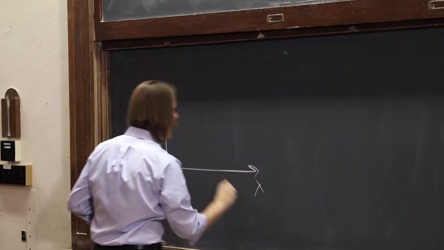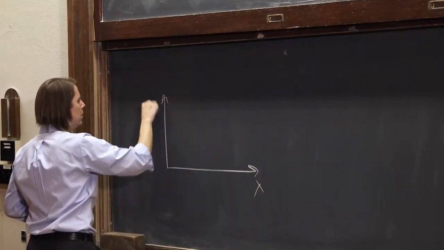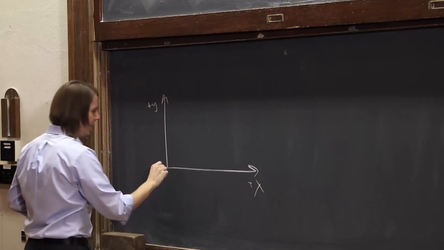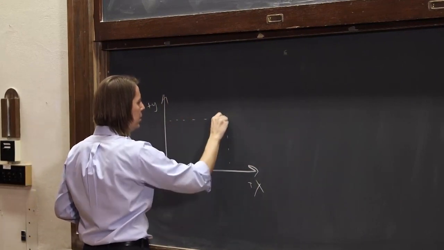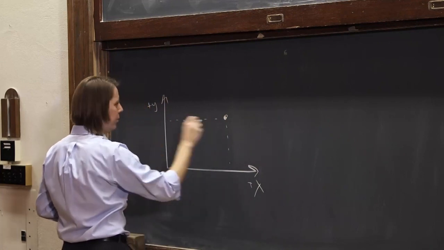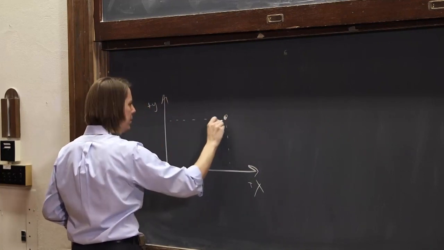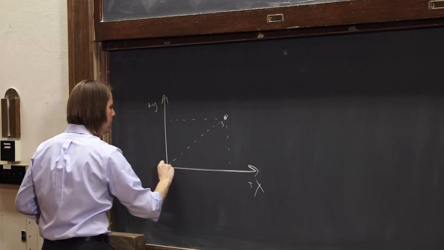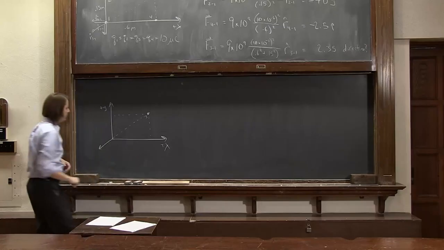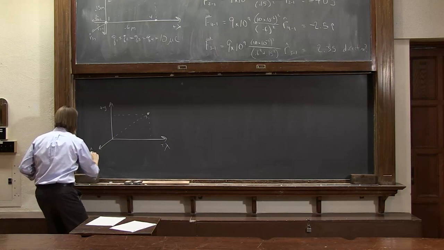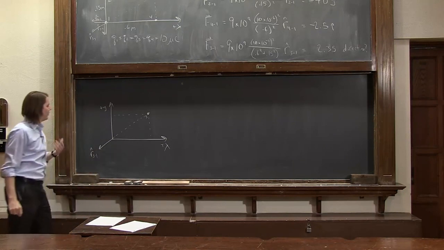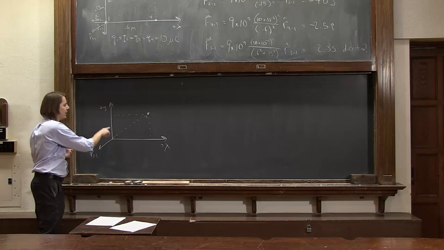Let's see, this was x, this was y, and our problem is between 3 and 1, we have a unit vector like that. That's the direction of our force, r hat 3 to 1, and we need to know that direction because we need to break it into x and y coordinates.